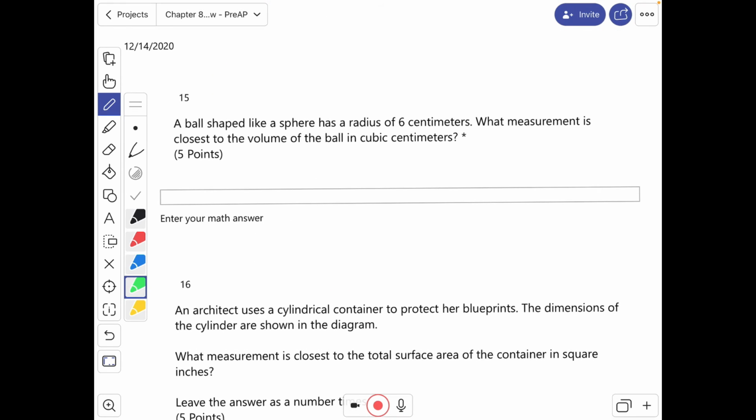Number 15. A ball shaped like a sphere has a radius of 6 centimeters. What measurement is closest to the volume of the ball in cubic centimeters? Well, the formula for the volume of a sphere is 4/3 times pi times radius to the third.